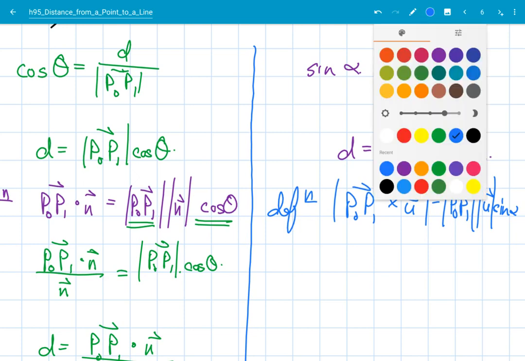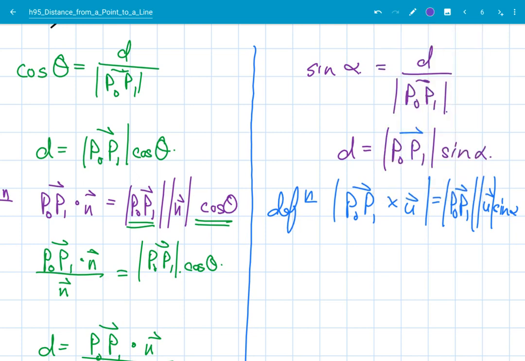So we can divide both sides by the magnitude of U. So we get the magnitude of P naught P1 crossed with U divided by the magnitude of U, leaving the magnitude of P naught P1 sine of alpha.